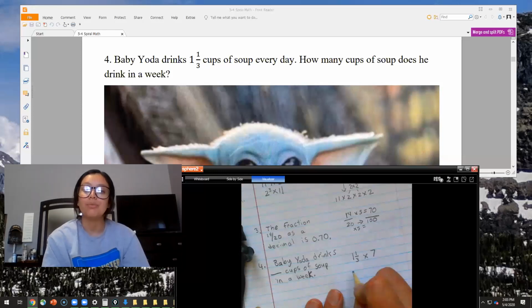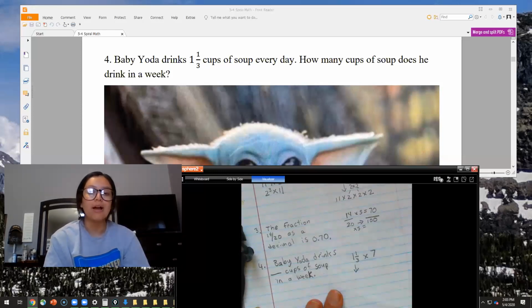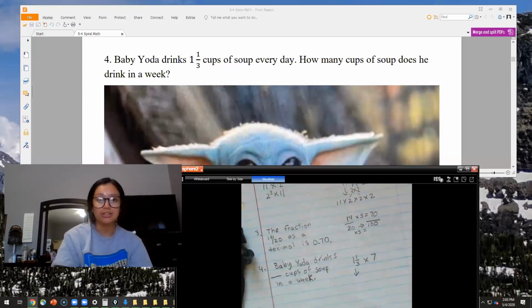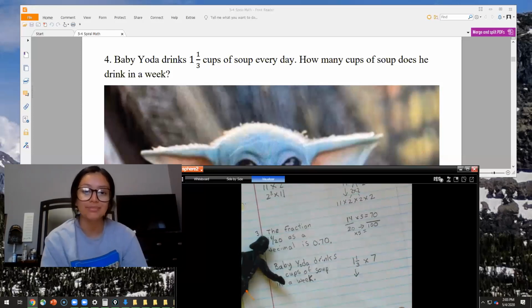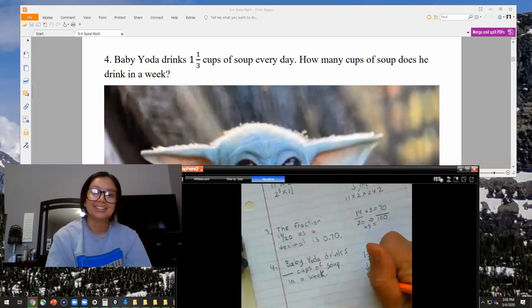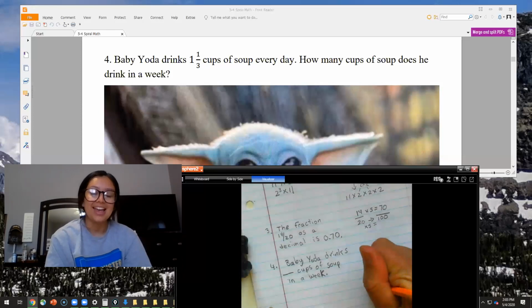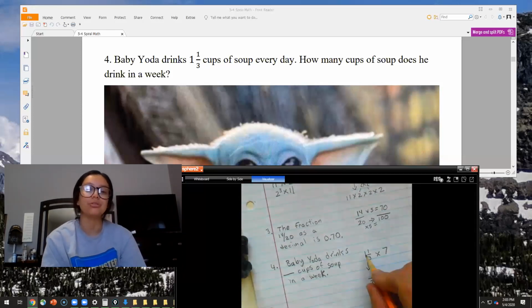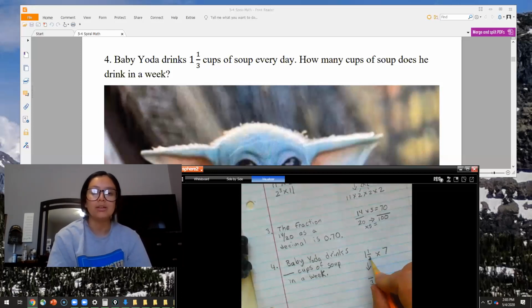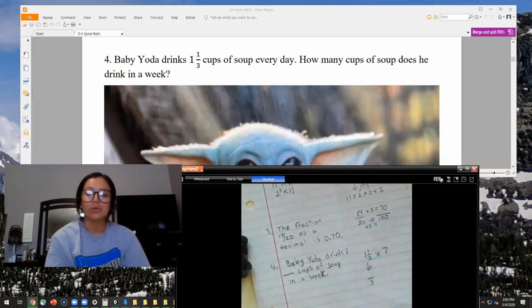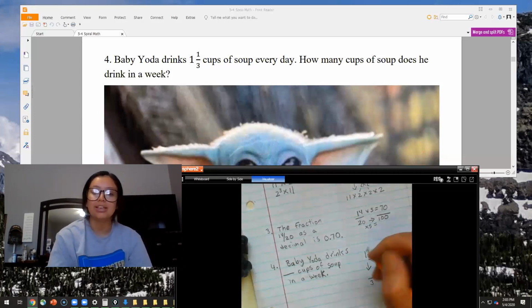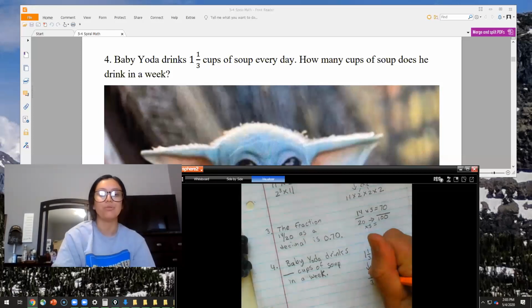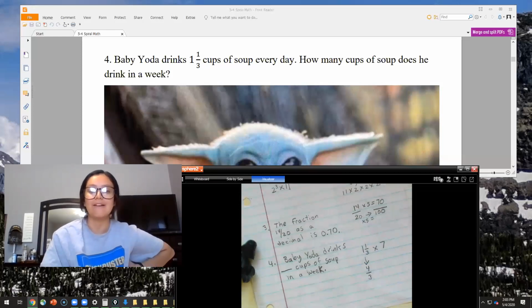We drop our denominator because our denominator stays the same. Then we multiply our denominator by our whole number, which is 3 times 1, giving you 3. And then we add that numerator to our 3. So 3 plus 1 gives you 4. So you should end up with 4/3 times 7.